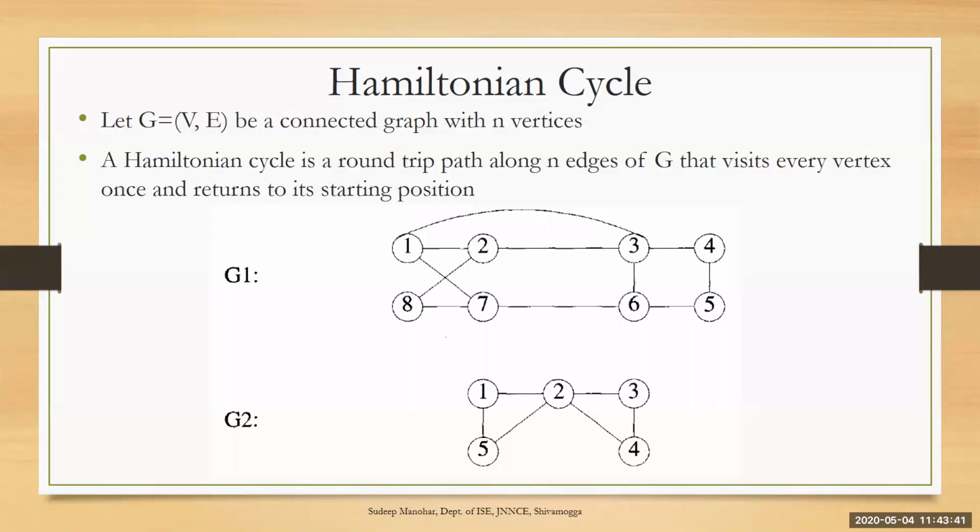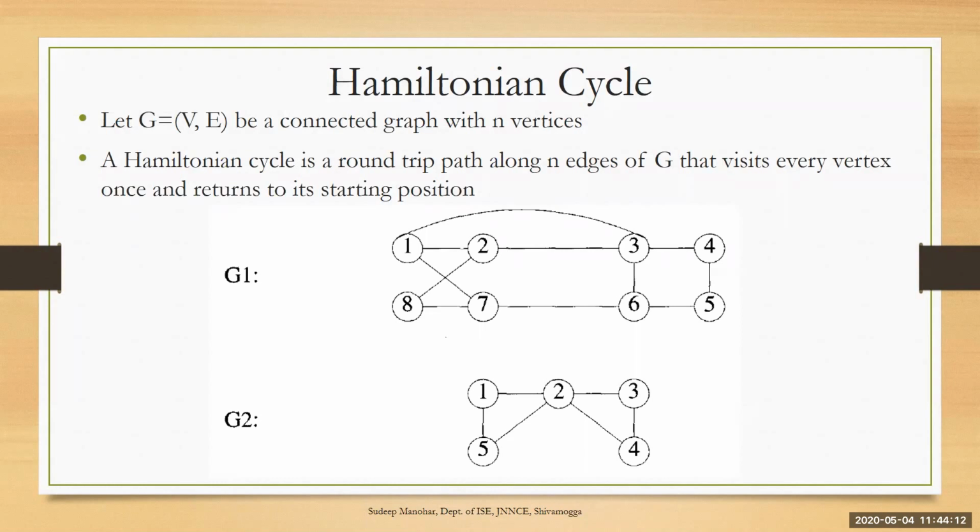The problem is that the person should start from one starting point, and he should travel through all the bridges, and he should come to the same starting point. So that was a problem that we saw in the regular classes. Based on that itself, we are going to see this Hamiltonian cycle problem.